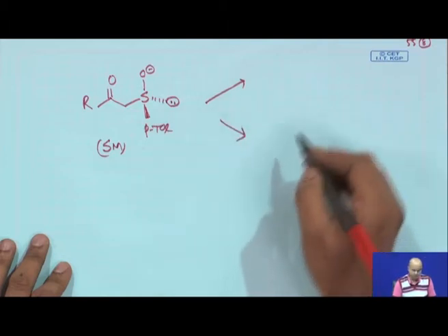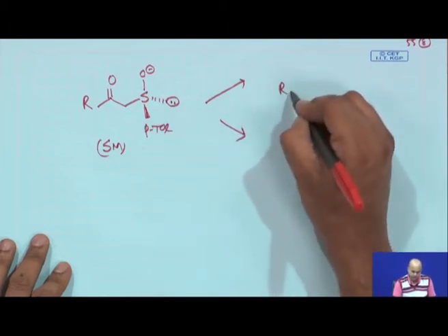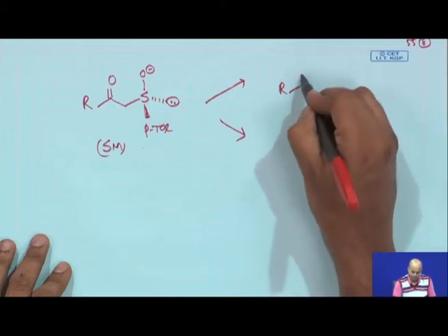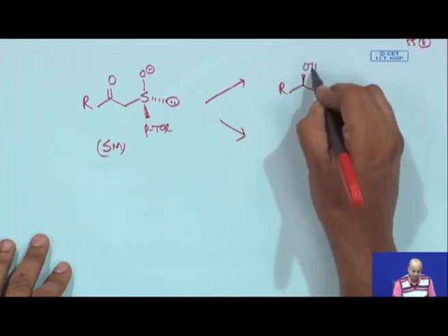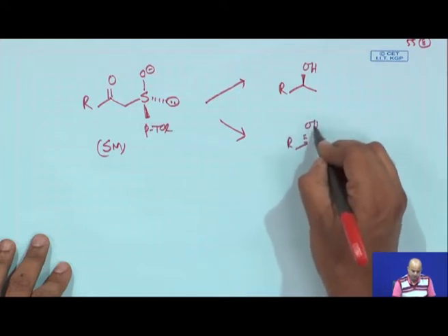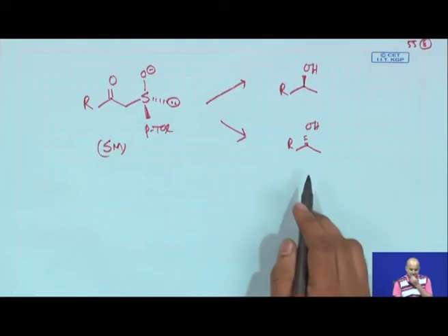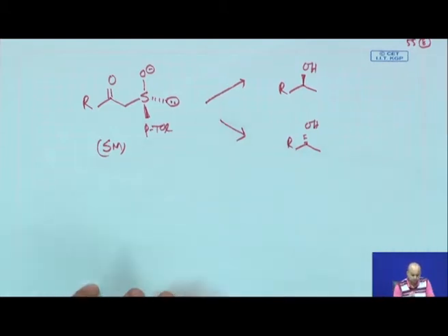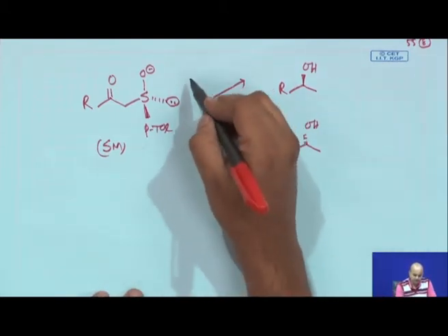the two divergent products you have to create, you have to make this compound as well as this compound. I will now give you the reagent system.